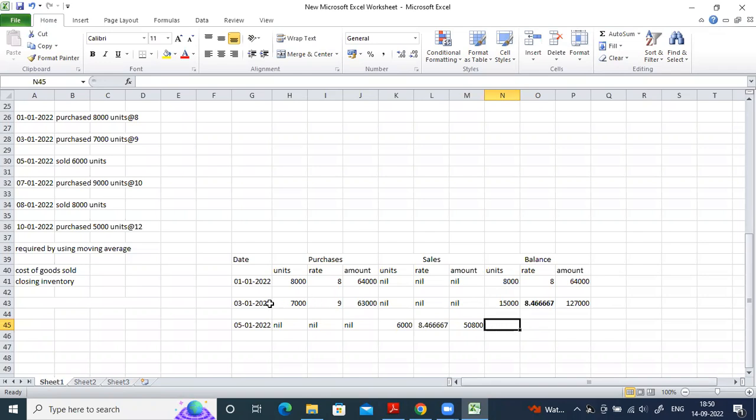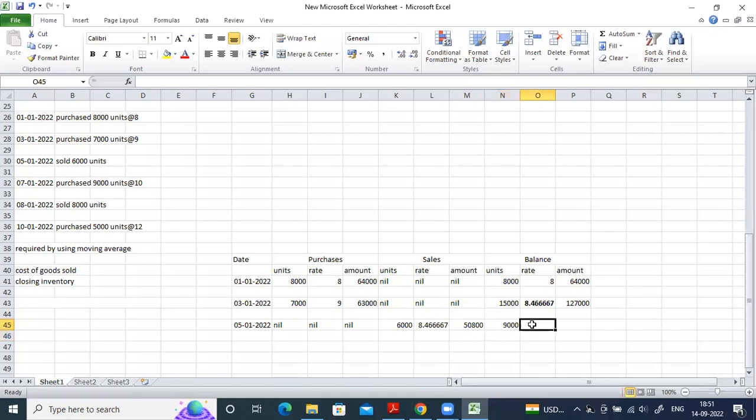On 5th January, from 15,000 you need to deduct sales 6,000, and the difference will be the balance. So 15,000 minus 6,000, how much will it be? 9,000. Is that clear? Yes, sir.